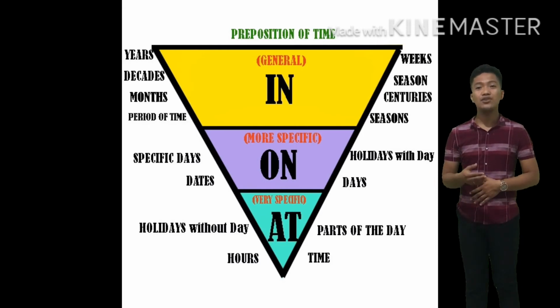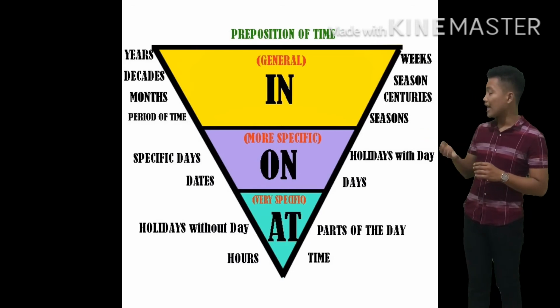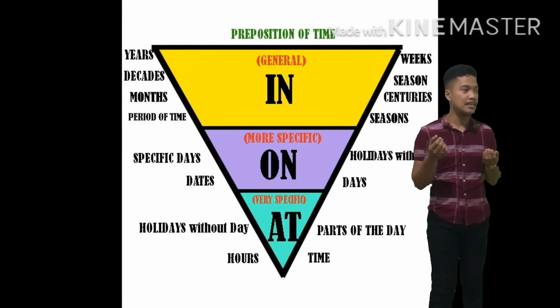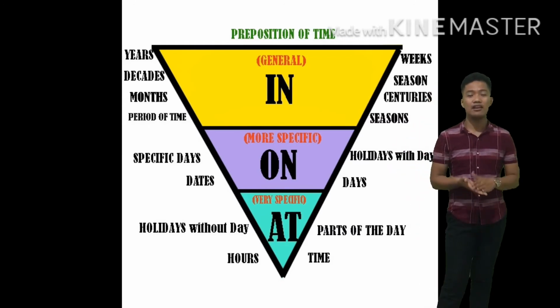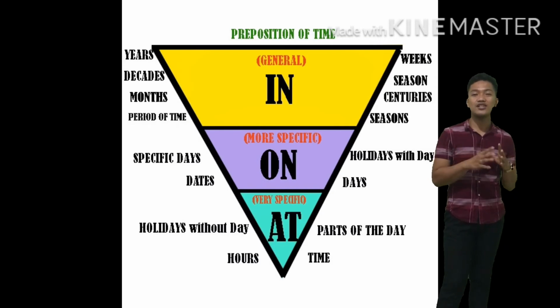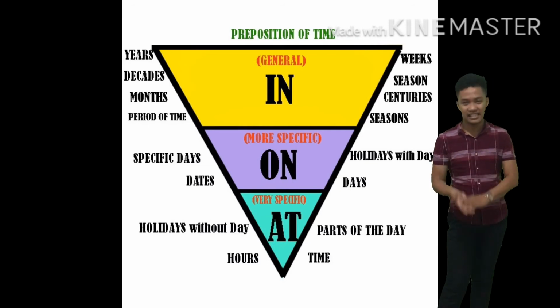We use on when it is more specific, like specific dates. And at is very specific, like hours, a time, or a part of a day. So you've got it. Now you can determine when to use at, in, and on in a sentence.